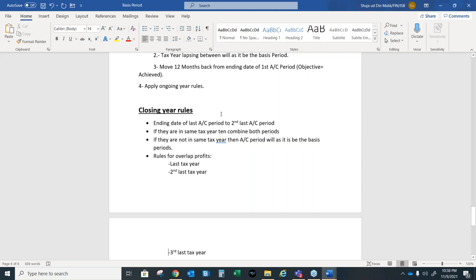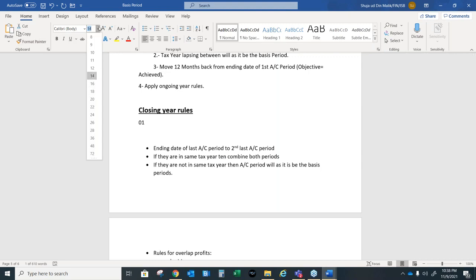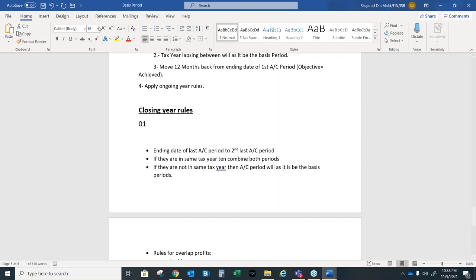For instance, a business was preparing its accounts from 1st January 2019 till 31st December 2019. This is the normal accounting date that the business has been following.